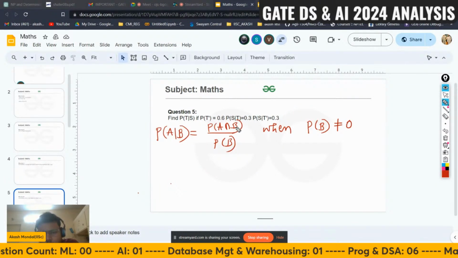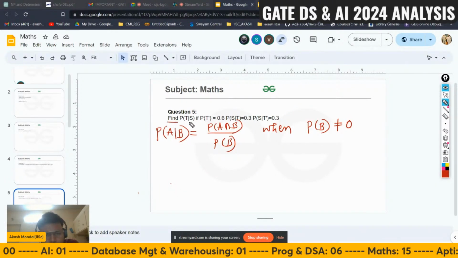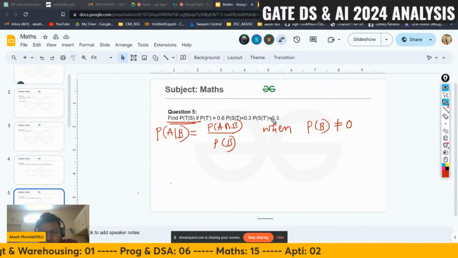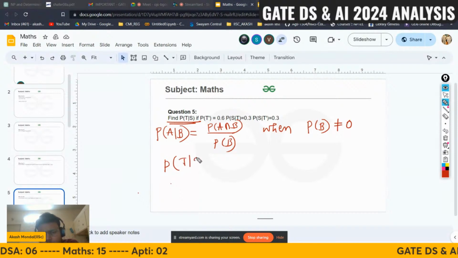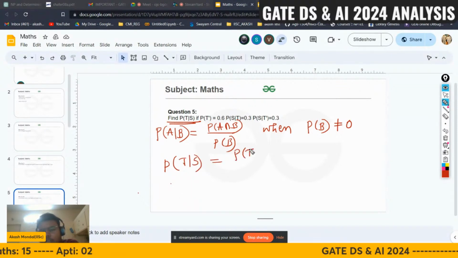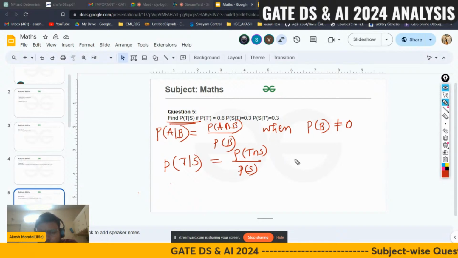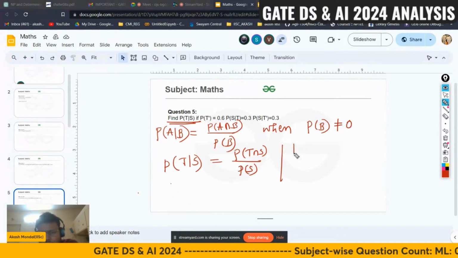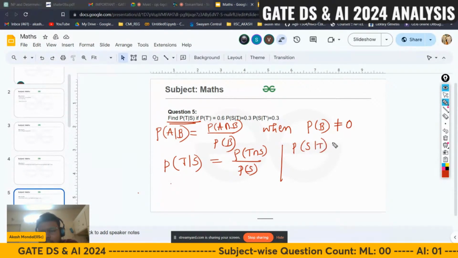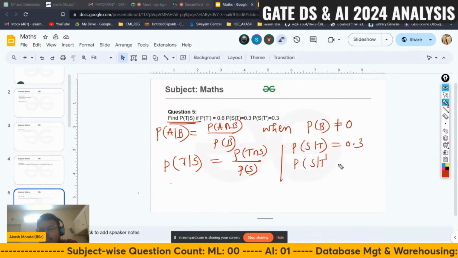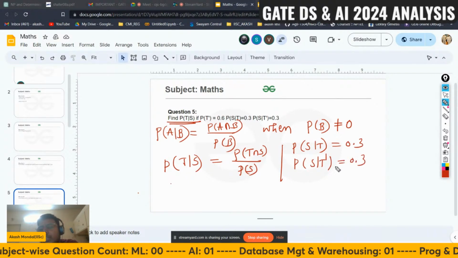They are asking to compute T given S. Now all this data is given. How do you compute it? You need to compute P(T given S), which is the probability of T intersection S divided by the probability of S. It is given that the probability of S given T is 0.3 and the probability of S given T complement is 0.3 again.